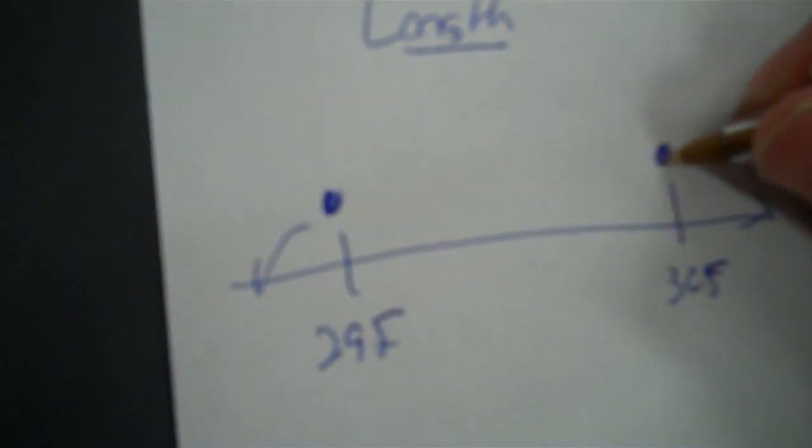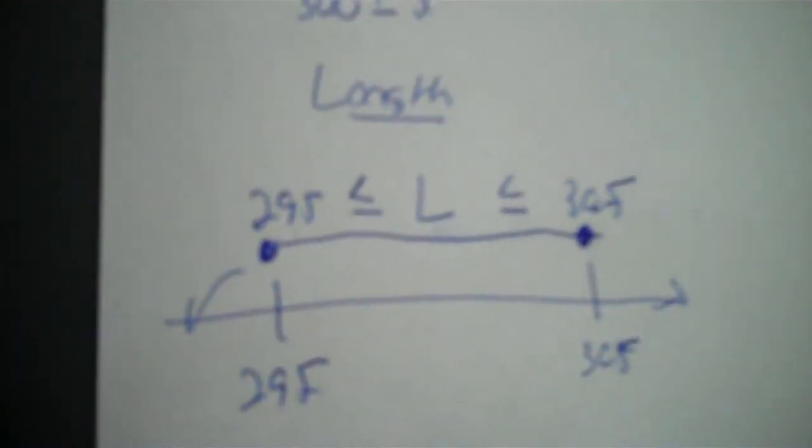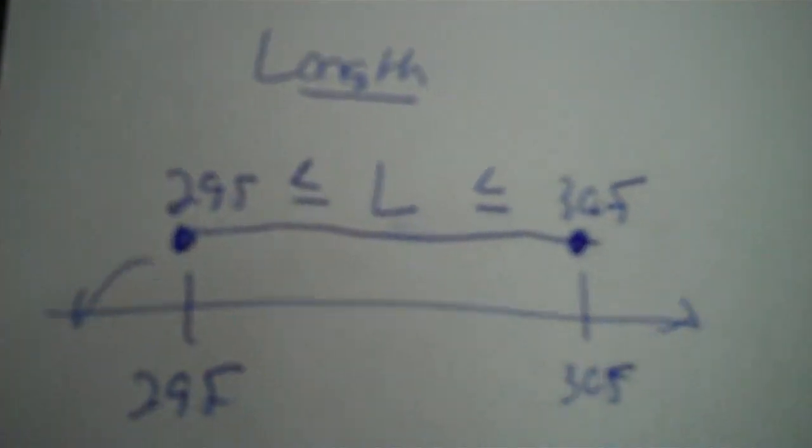That's the highest acceptable and the lowest acceptable. So you fill those in, and then use L as your variable, put 295 and 305. We've got to have the sign opening towards the 305 because that's the highest, but we don't want it opening towards 295 because that's the lowest. Okay, it's the lowest possible value. Everything in the solution is greater than 295.